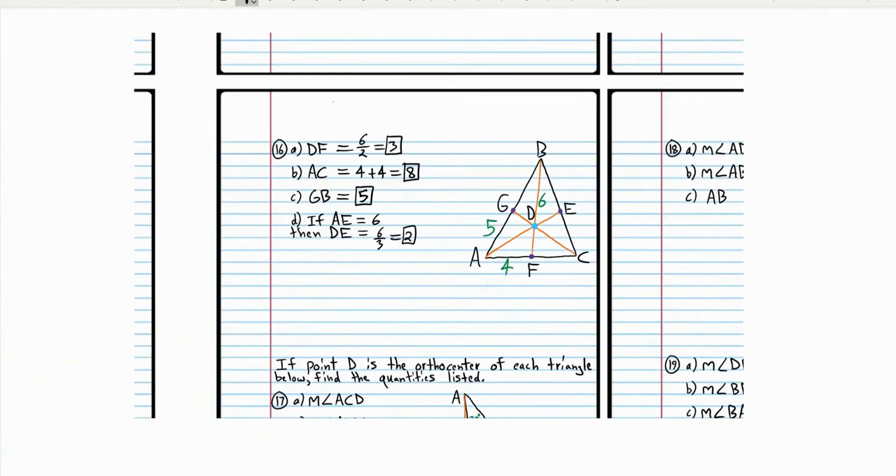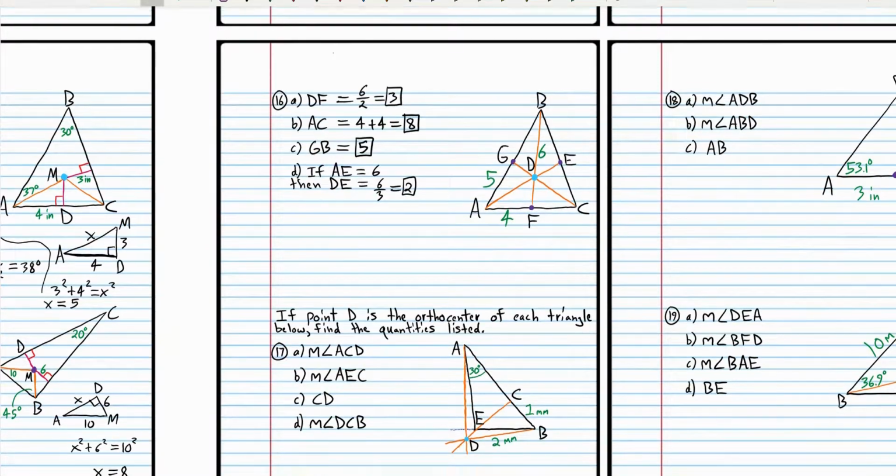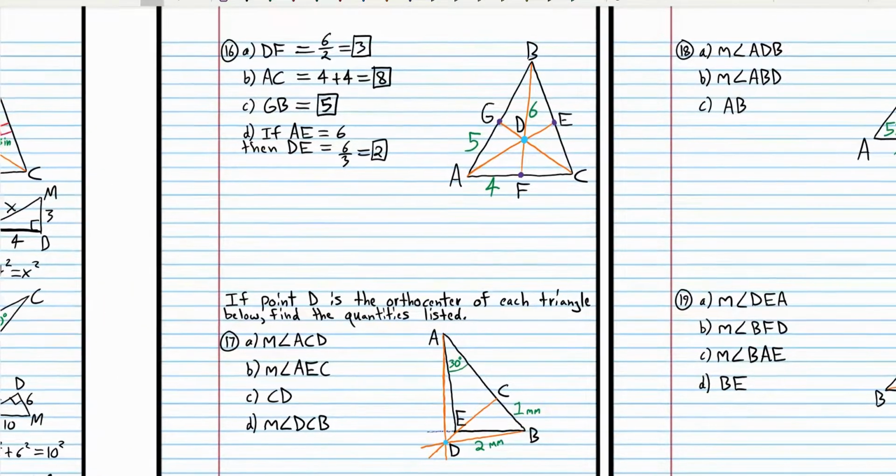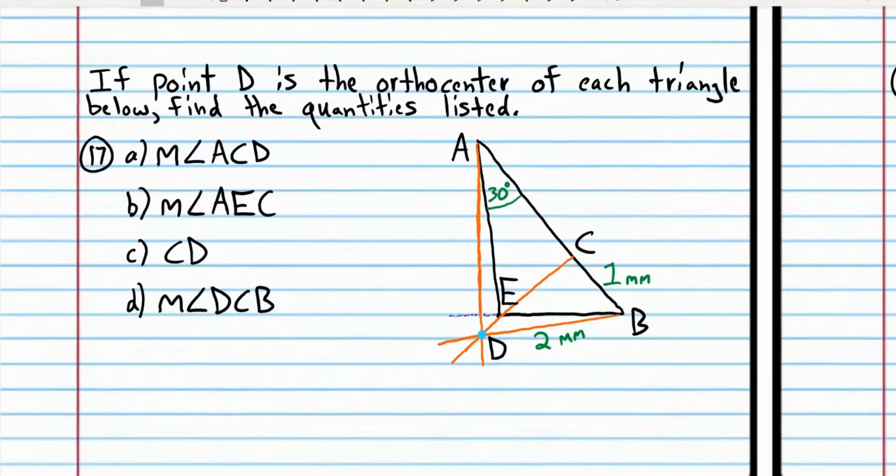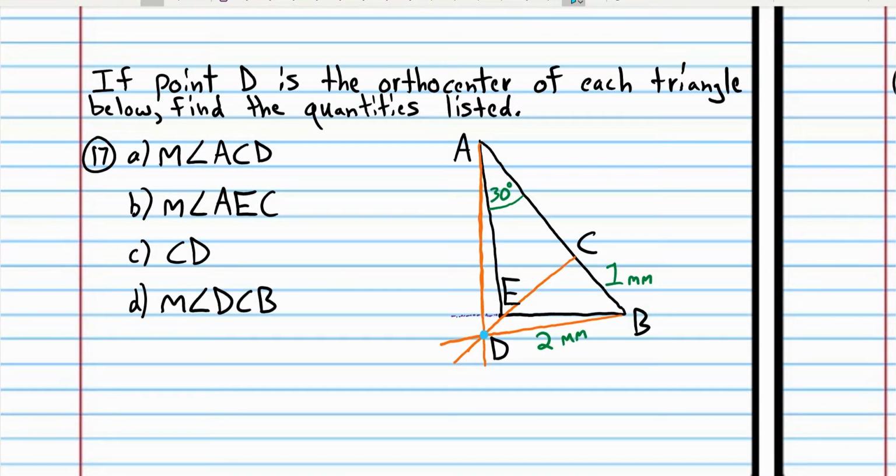All right, so now we're going on to the Orthocenter Theorem. It says if point D is the orthocenter of each triangle below, find the quantities listed. Now remember, the Orthocenter Theorem, I think we mentioned this, it doesn't really say much.